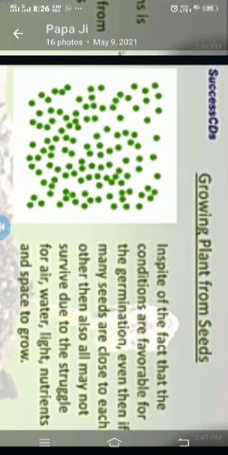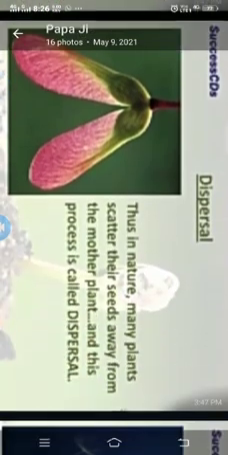There would not be enough space, air, water and food for all of them to grow well. So they need to separate from the parent plants and disperse. The method by which a plant scatters its seeds away from the parent plant to reduce competition is called the dispersal of seeds.